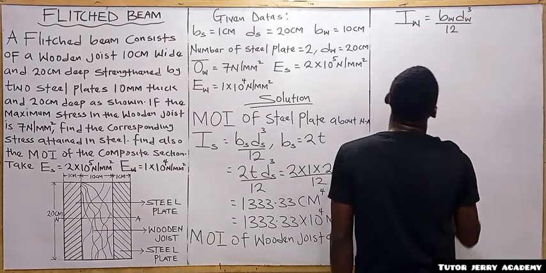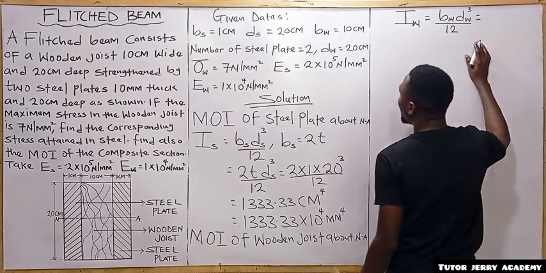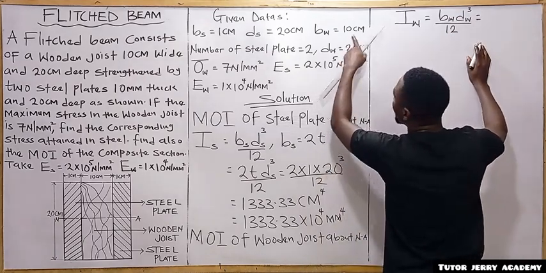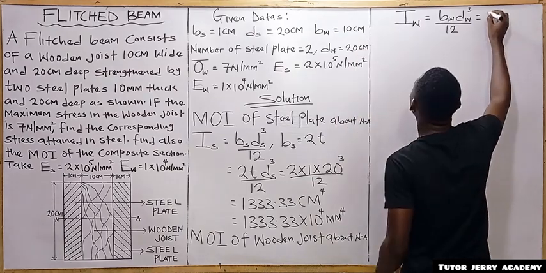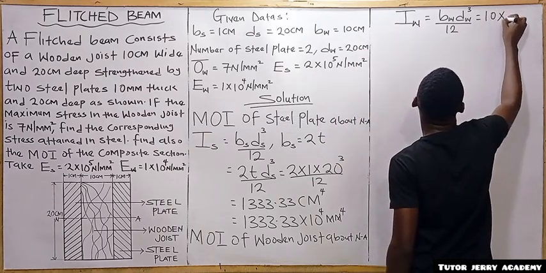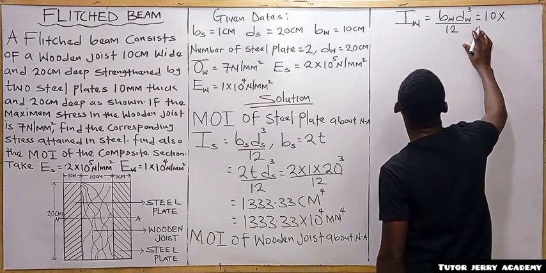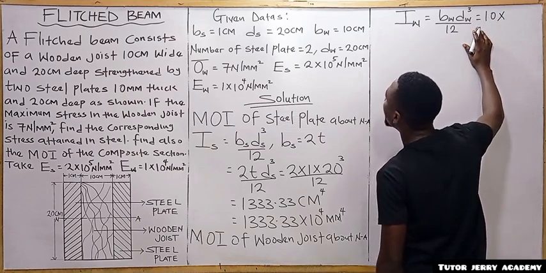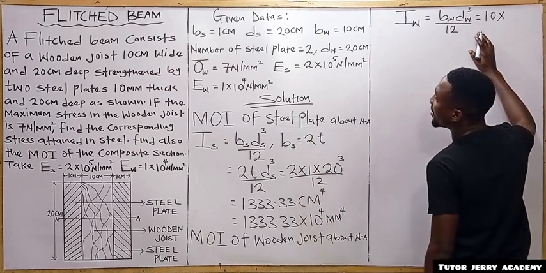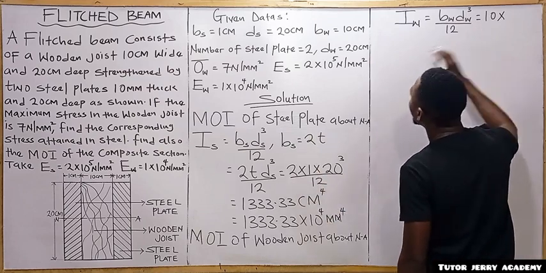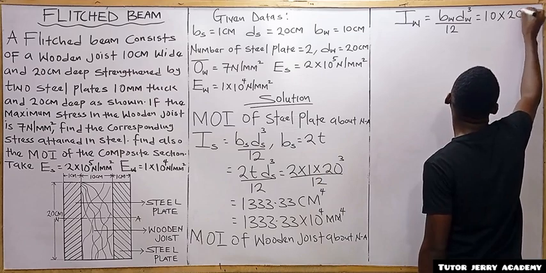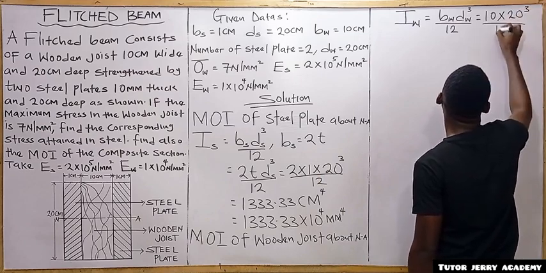If you substitute there, the base of the wood is 10, so we are going to have 10 multiplied by the depth of the wood, which is 20 cubed, divided by 12.